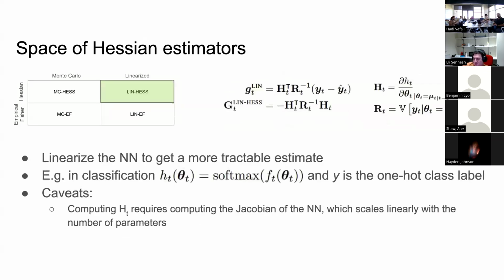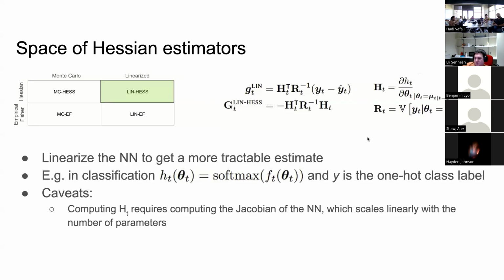So then what they do is they propose trying to do a linearization of the deep neural network to get a more tractable and faster to compute estimate. And the definitions for this go back to what we were talking about earlier, where the deep neural network is assumed to be outputting something in an exponential family. And so they define some quantities related to that property that we're not going to get into too much here.